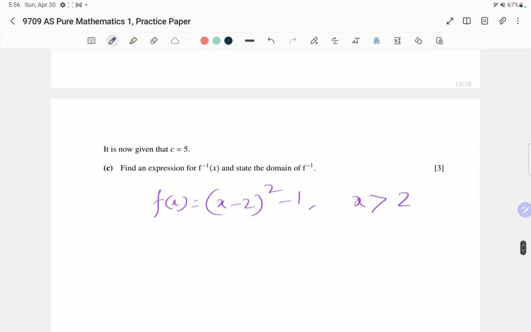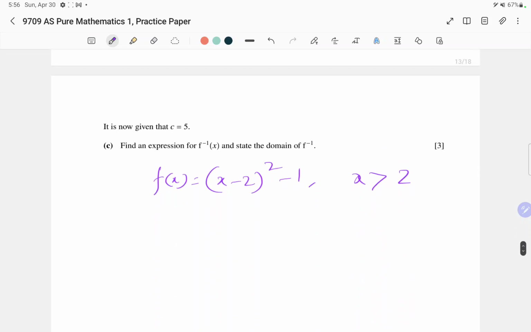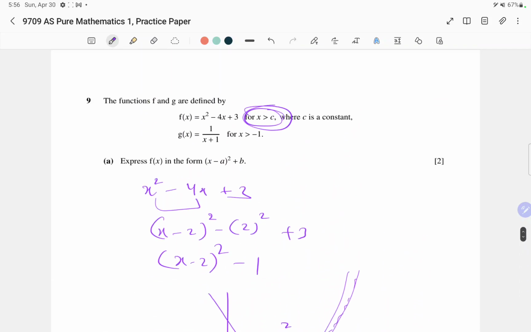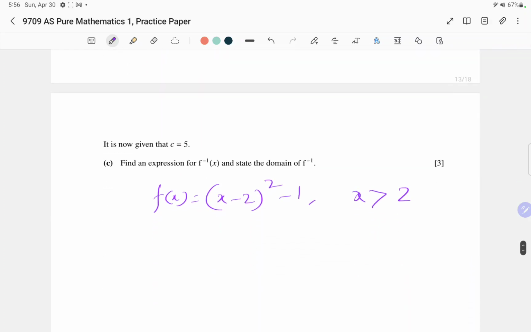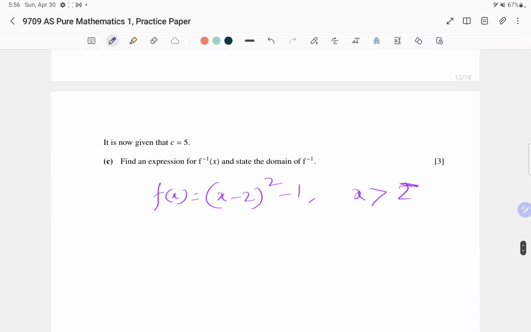We already found c as 2, so f(x) is x minus 2 whole square minus 1 when x is greater than 2. Where was c? Oh, x is greater than c, sorry. So x is greater than 5, because c is given this time as 5.